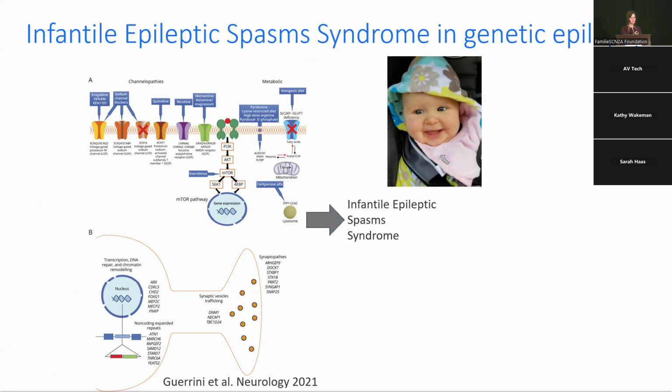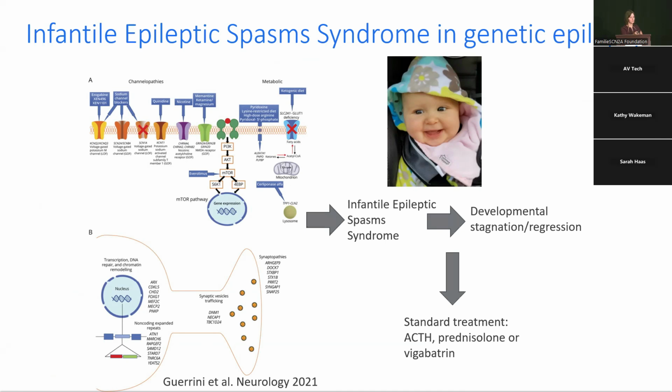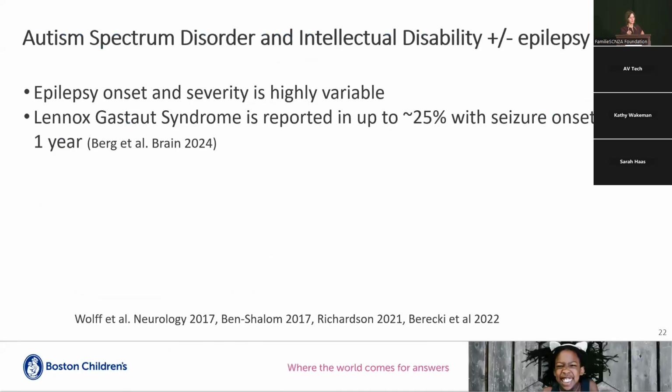So it's one of many causes, and it is commonly associated with developmental stagnation and regression. There are standard treatment approaches: ACTH, prednisolone, and vigabatrin. We need to study it better in SCN2A. There's a little bit of literature out there to suggest the response is not as good as epileptic spasms overall to these first-line medications, that we may need other things. And I mentioned briefly yesterday, too, that we are starting a trial to look at prevention of spasms with ketogenic diet as well.